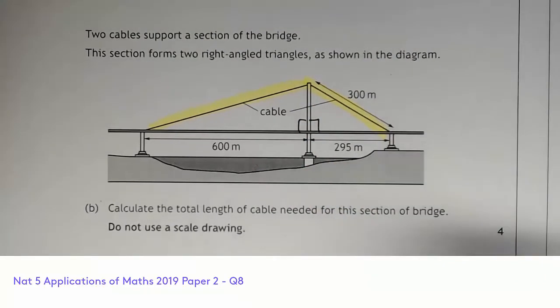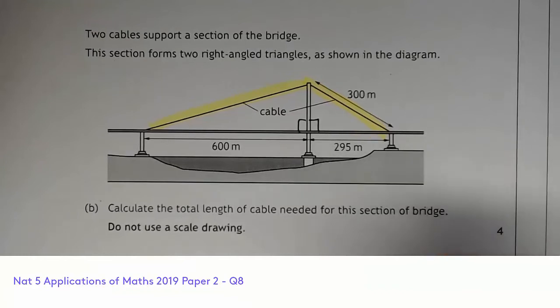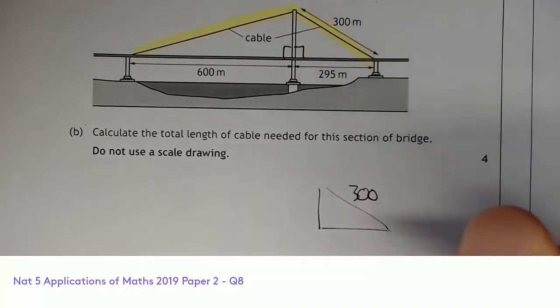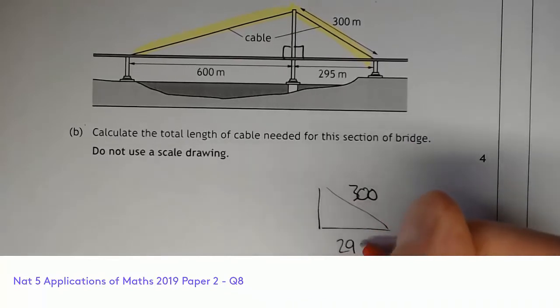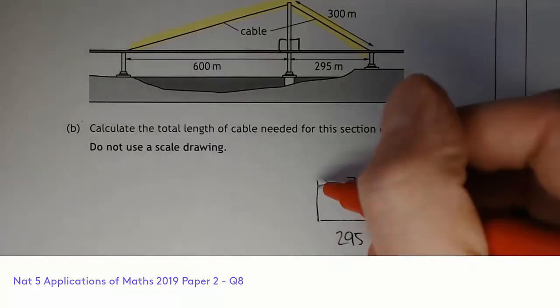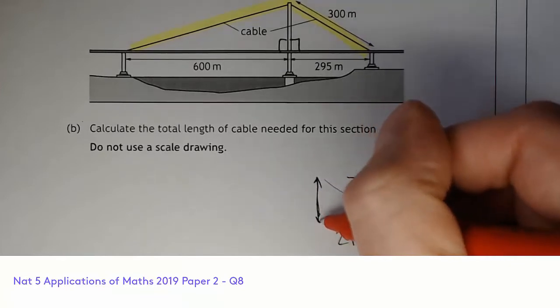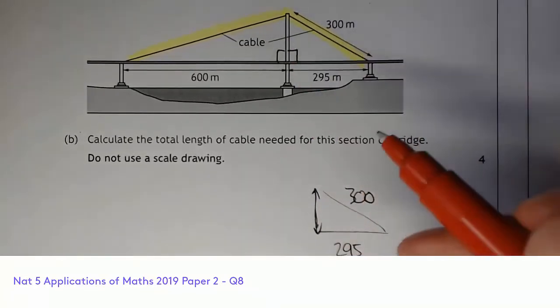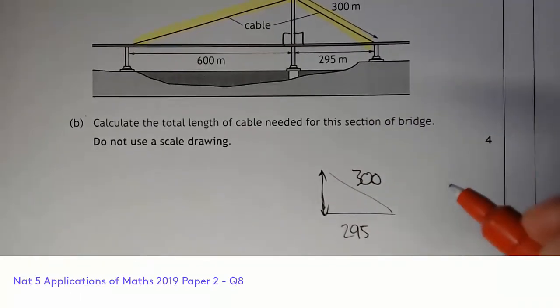Now this triangle, just a wee sketch, we've got 300 and we've got 295, and we're going to try and work out the height of this, because this side is shared by the other triangle, so it's like Pythagoras through 2 stages.